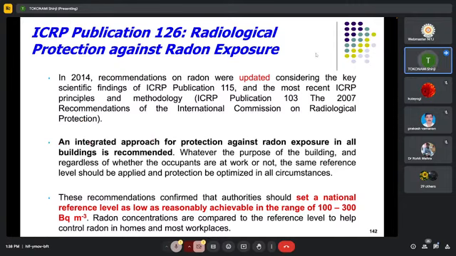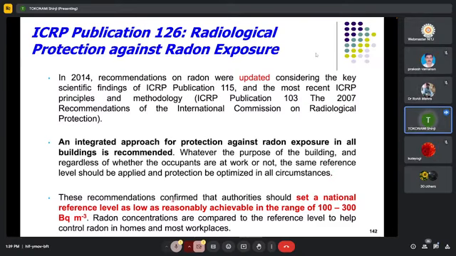An integrated approach for protection against radon exposure in all buildings is recommended. Whatever the purpose of the building, and regardless of whether the occupants are at work or not, the same reference level should be applied and protection be optimized in all circumstances.